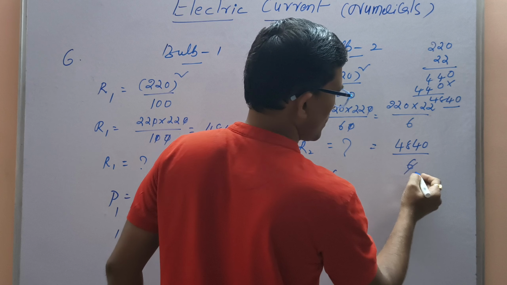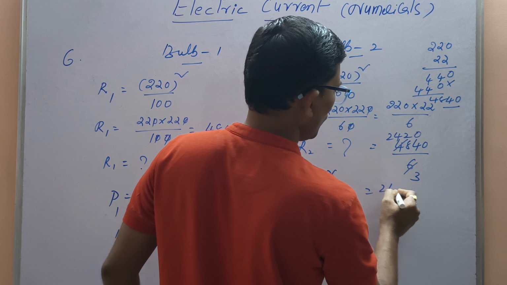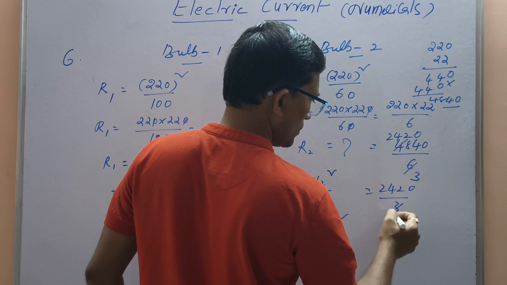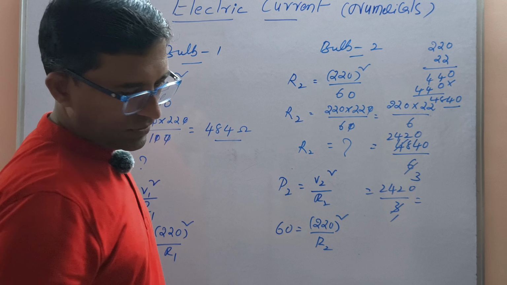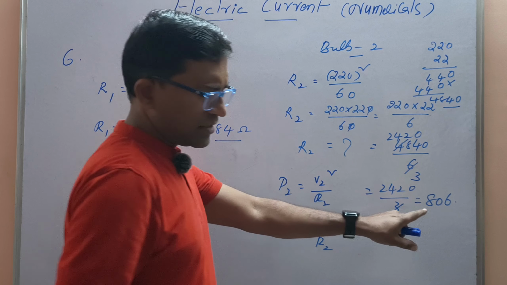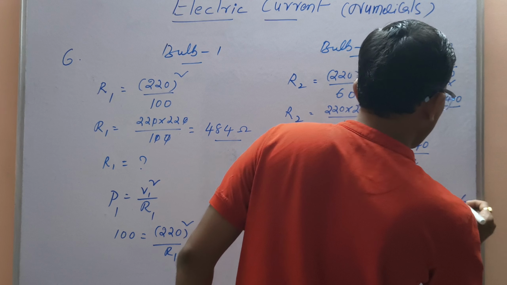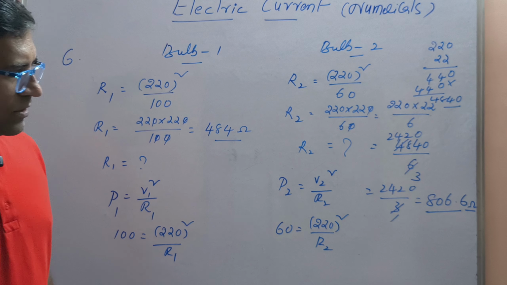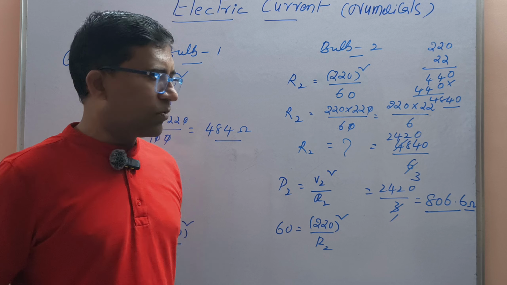Now I will do cancellations. It will become 2420 by 3. If I do cancellation it is becoming very lengthy, it will become 806 point something, I think 806.6 ohm. Now 2420 by 3 means 806.6 ohm will come.